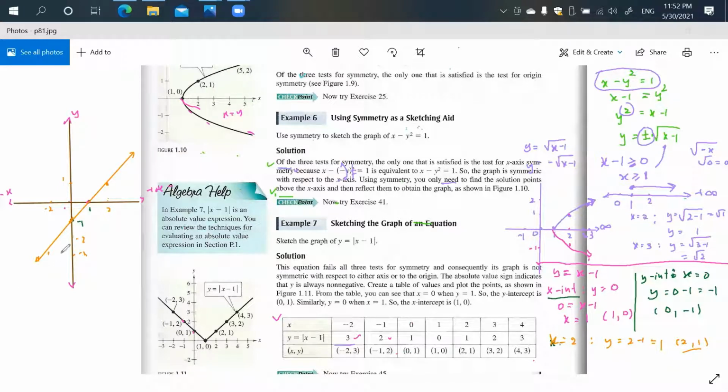If only this one, is this graph an increasing function or decreasing function? Increasing, right? You always see from the left. Last lesson we learned already. From the left hand going up, up, up. So this is the increasing function.